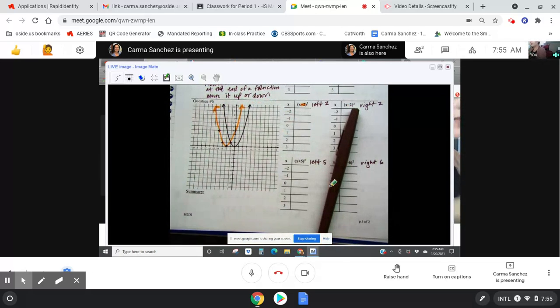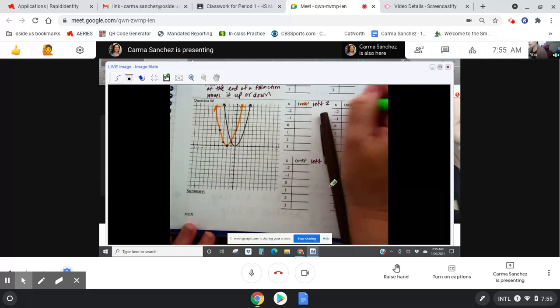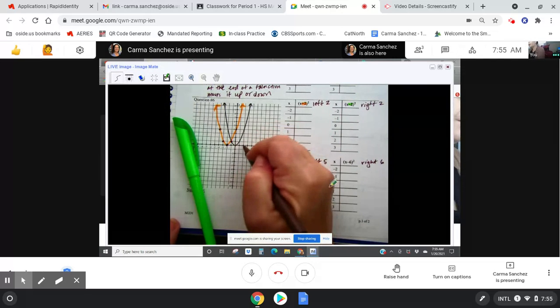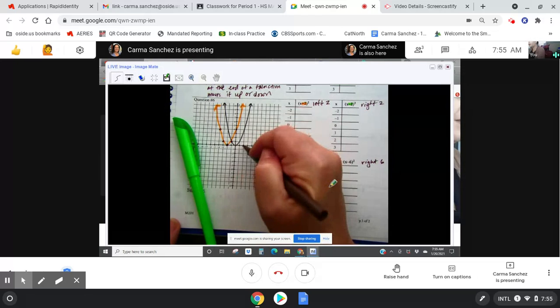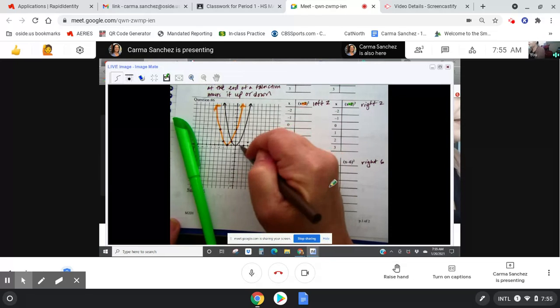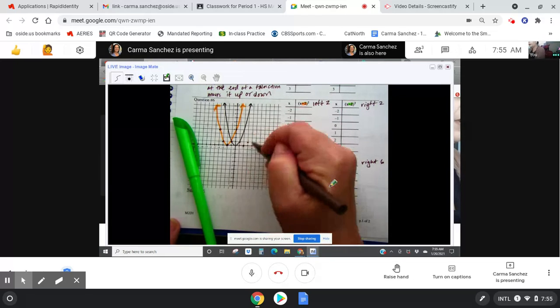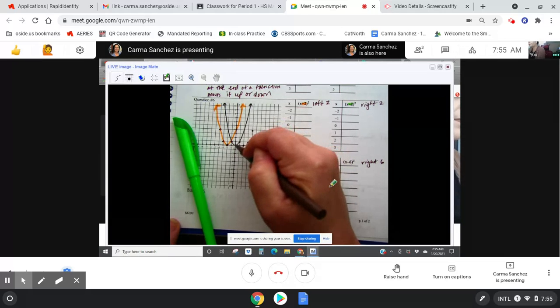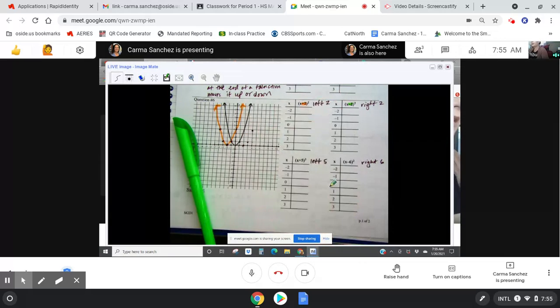All right, second one, I'm going to go green. This is a right 2 shift from the origin. There's my new vertex, and then it grows at the same size and shape from before. Out 1 up 1, out 2, up 4. And I'm going to connect this one in green.